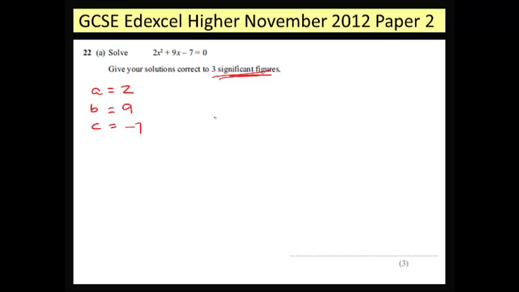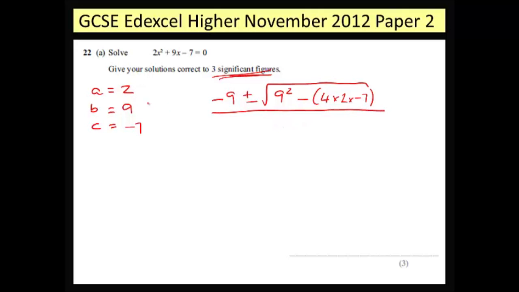So what I'm going to do now is plug all of my values into the quadratic formula to get minus 9 plus or minus the square root of 9 squared minus 4 times 2 times negative 7. And that's all going to be over two lots of a, so in this case 4.